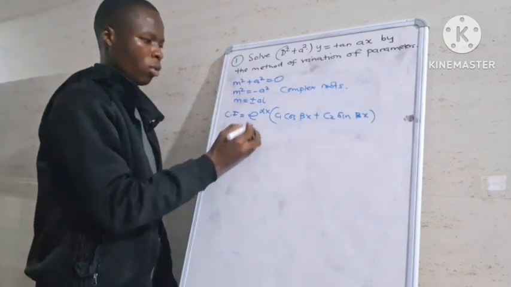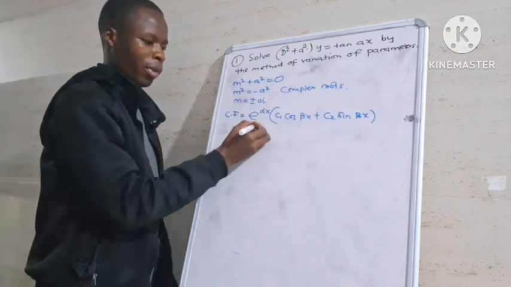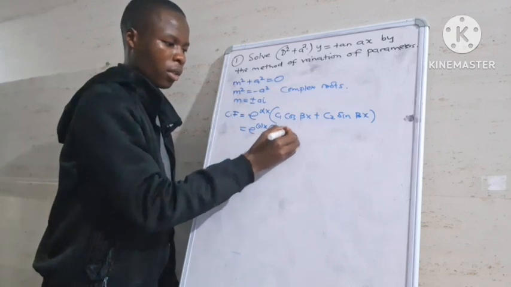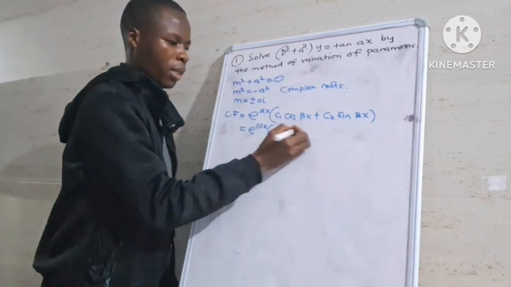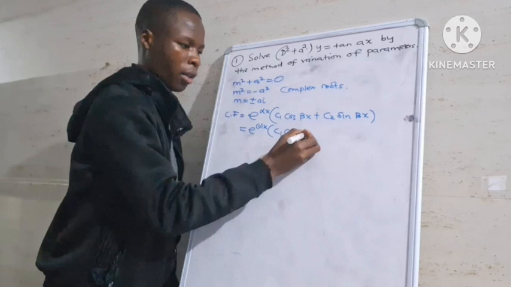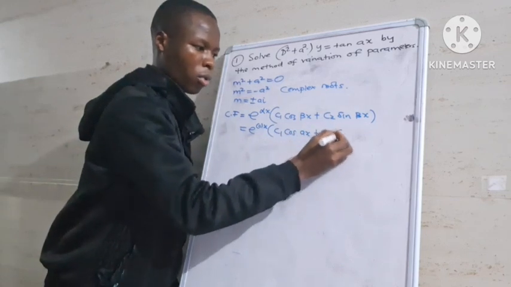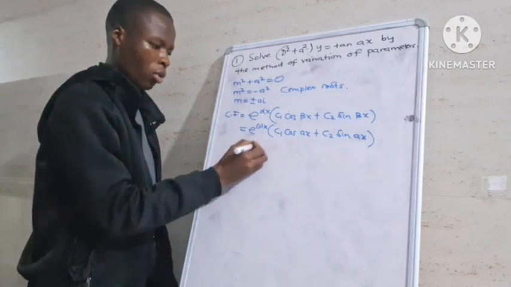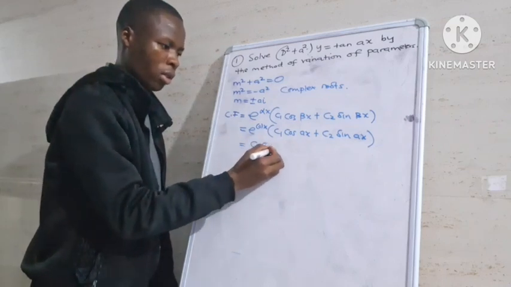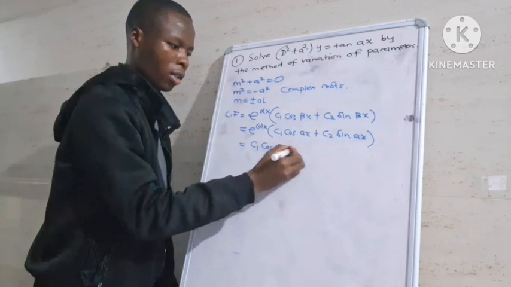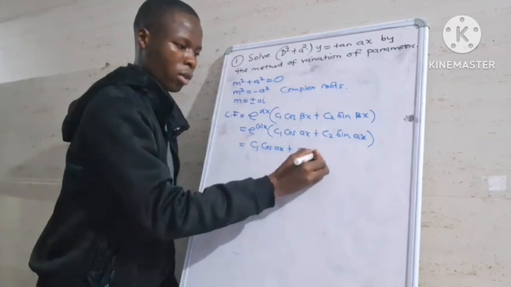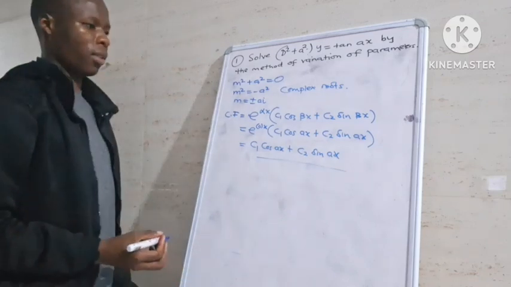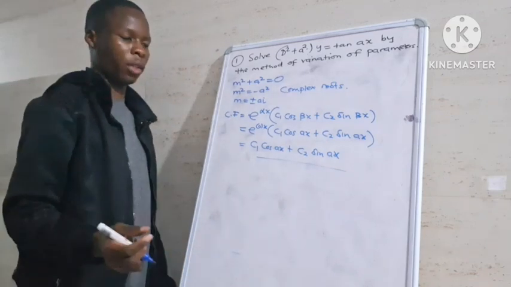Alpha in this case is equal to 0, and beta is equal to a. This is equal to c1 cos ax plus c2 sin ax. This is the complementary function.